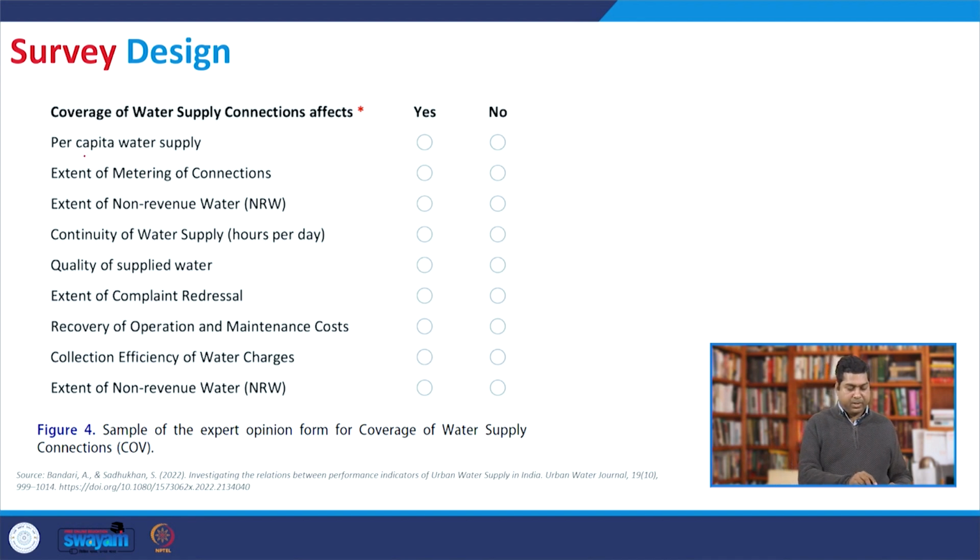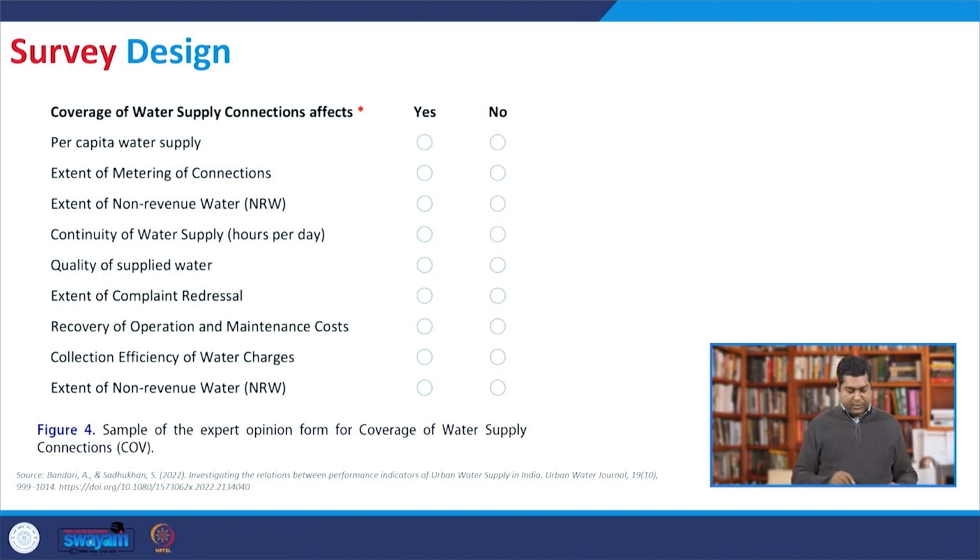Like here we have per capita water supply, extent of metering, extent of non-revenue water, continuity of water, then extent of complaint redressal, etc. In this case we just have to give whether it is affecting, yes or no. It is as simple as that, and there are more such questions, like whether the per capita supply affects this or not.